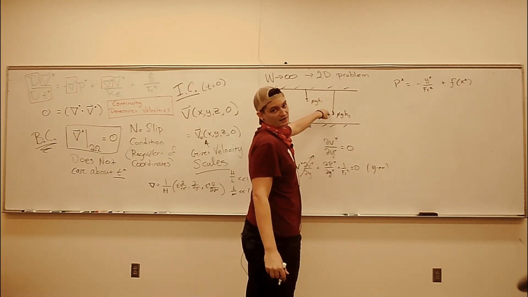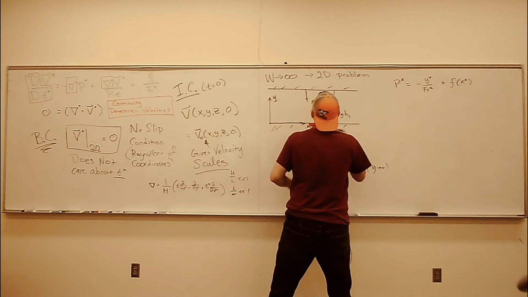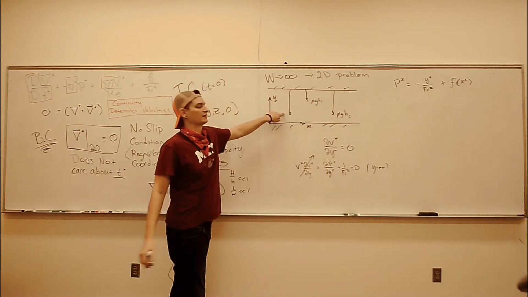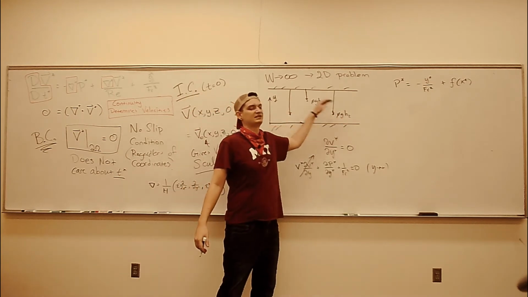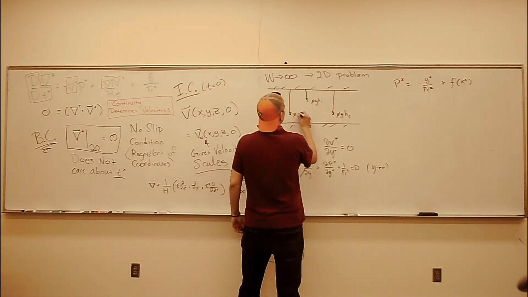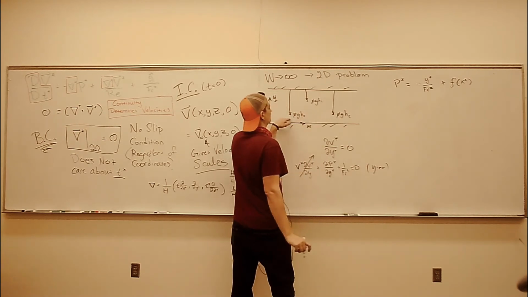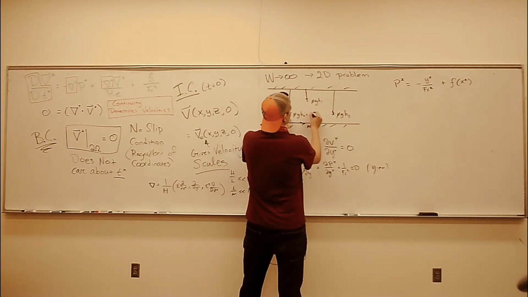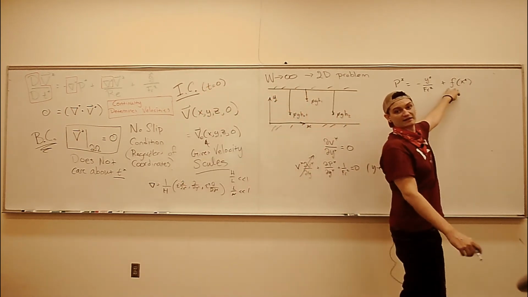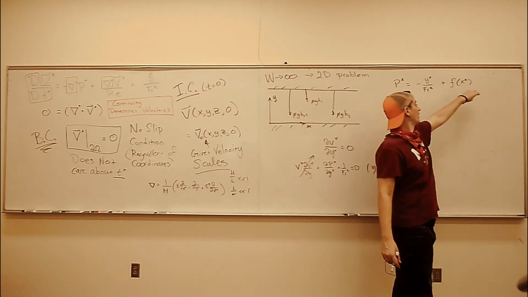More importantly, right over here, there's some addition of a pressure term. This is not rho g h2, but it has to be rho g h plus something, or else there wouldn't be a flow happening. And that's what's right here. That's the additional part.